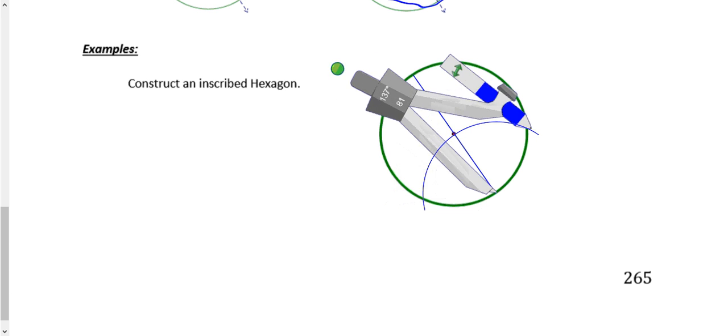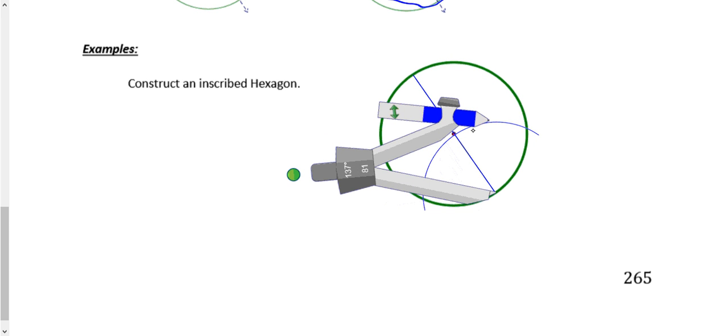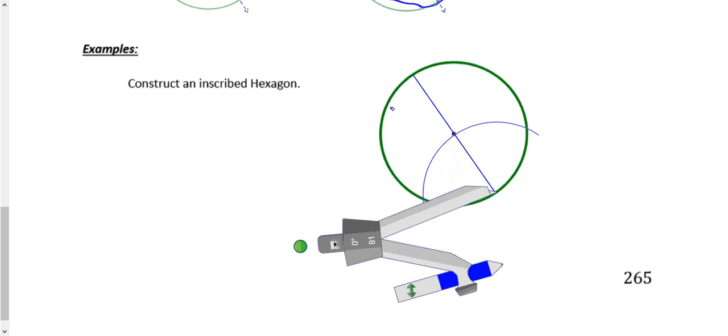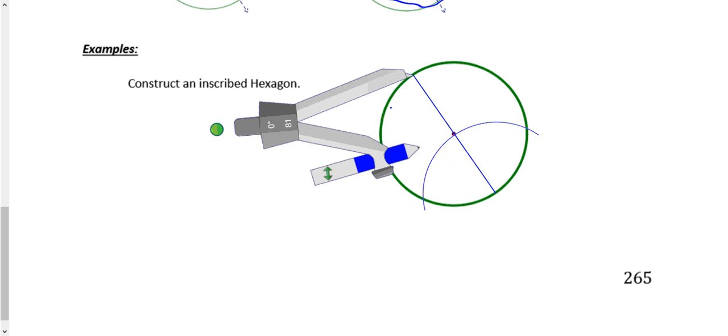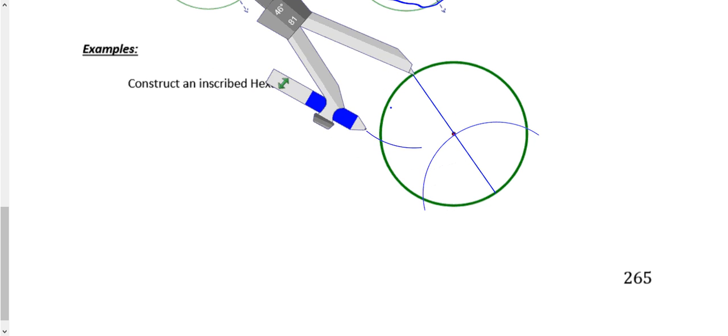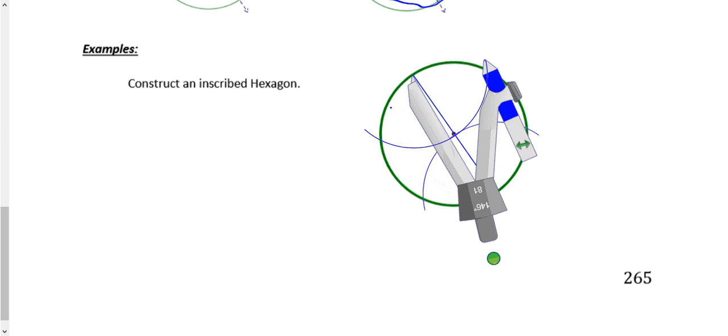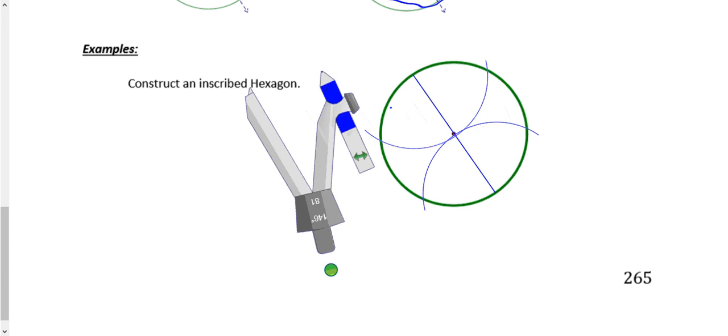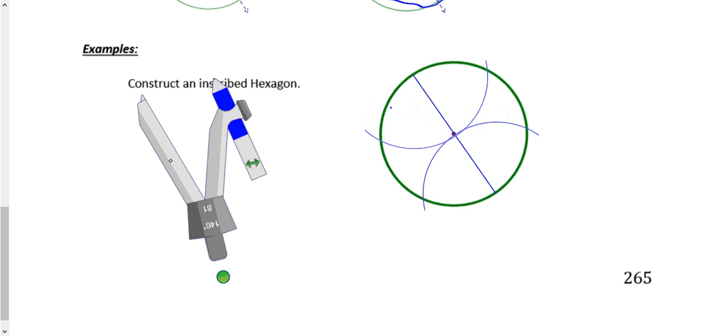So I get that arc, and now I'm going to come up to the other end of the thing here. Get this other arc, and hopefully that's not too bad. See, I got a little overlapping gap, right, but it's hard because the pixels are not lining up right.